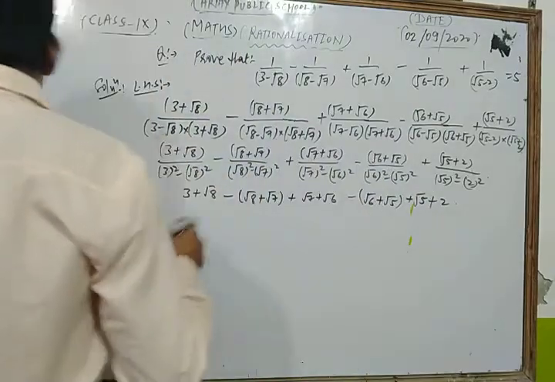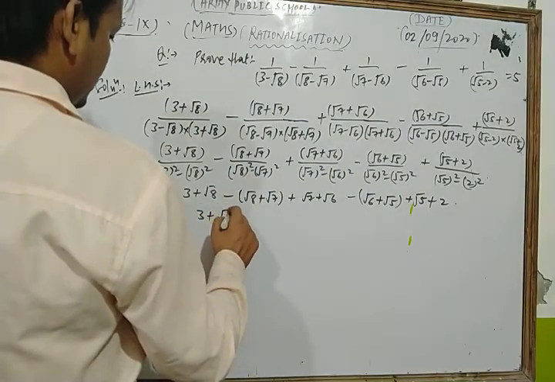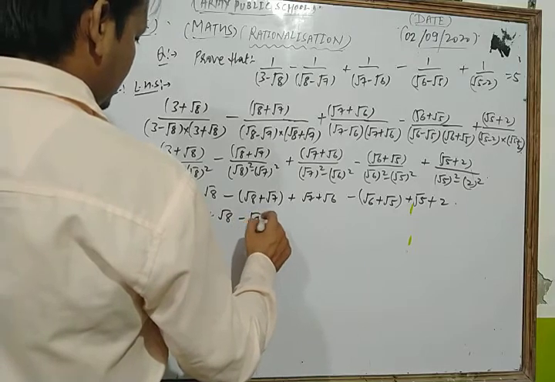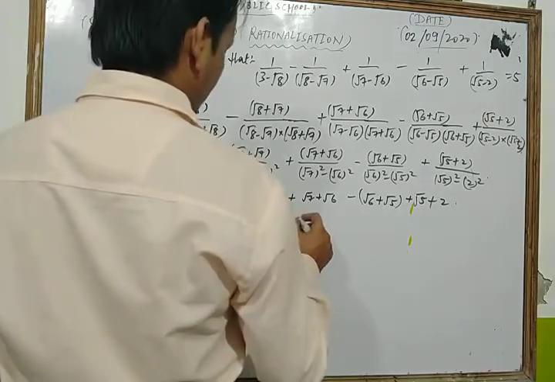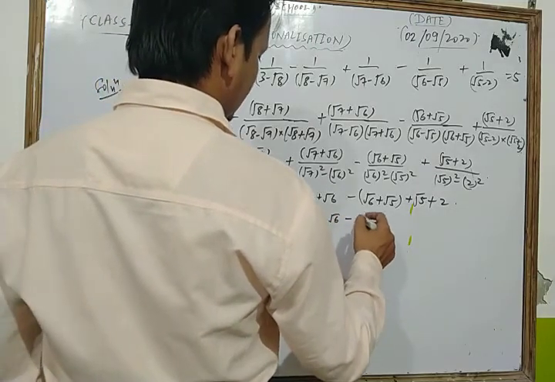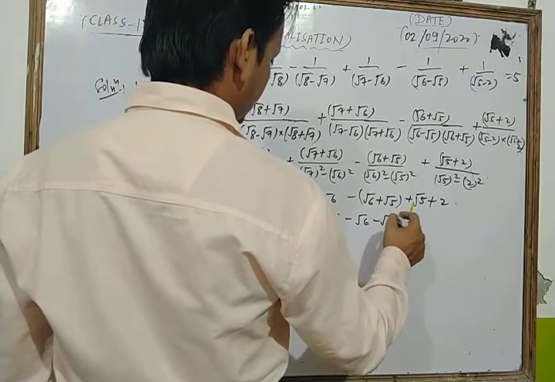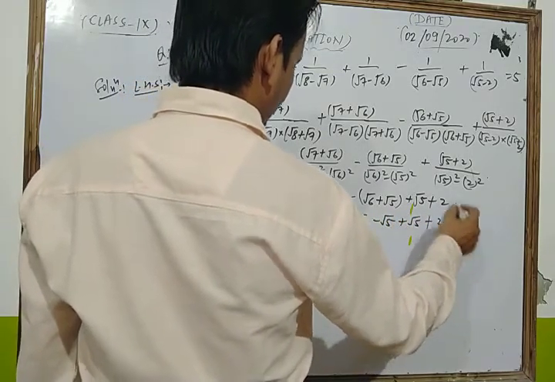Now look, we split the brackets. We get 3 plus root 8, minus root 8, minus root 7, plus root 7, plus root 6, minus root 6, minus root 5, plus root 5, plus 2.